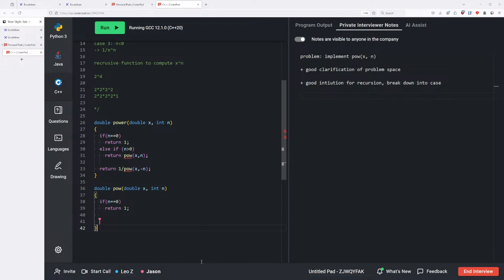And then for our recursive call, wouldn't that be, let's say our res would be x, and then x would be x times the power of x and n minus 1, and then we can just return it.